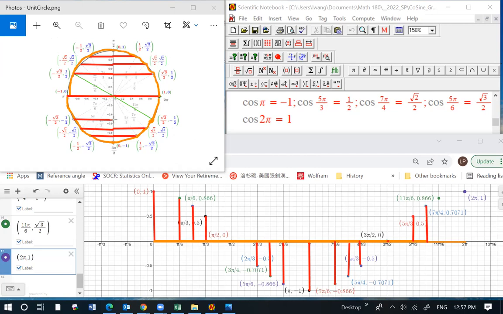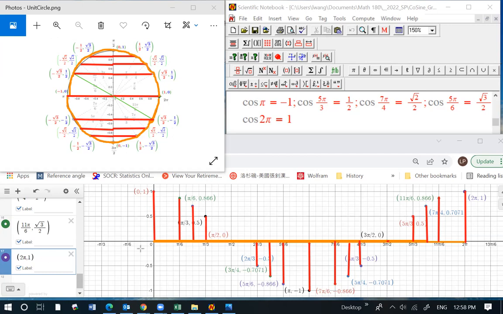And for 11 pi over 6, right? And that piece is root 3 over 2 standing up. Okay, the last, which is 2 pi, is going to be right there. Did I miss anything? I hope my explanation is thorough.